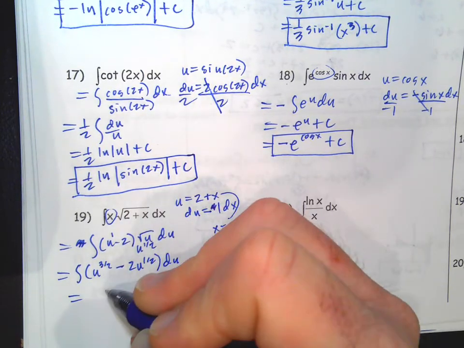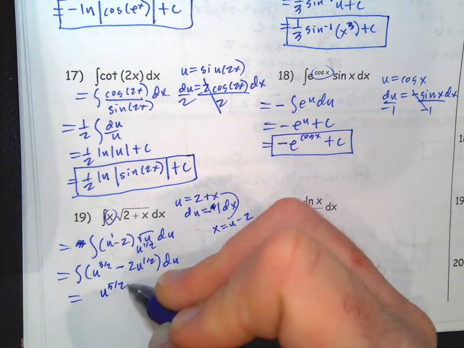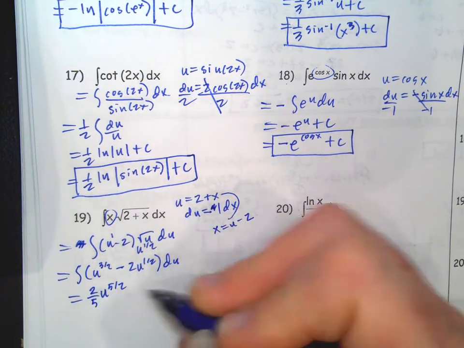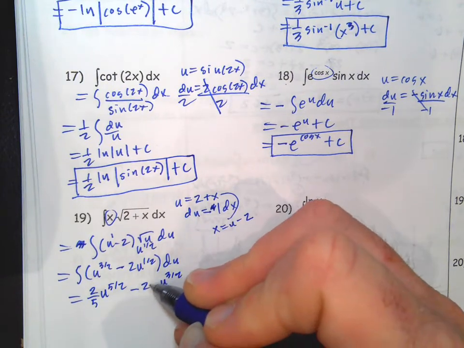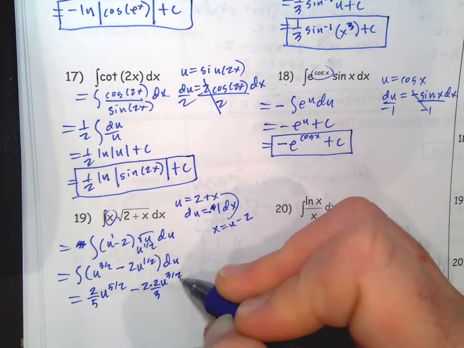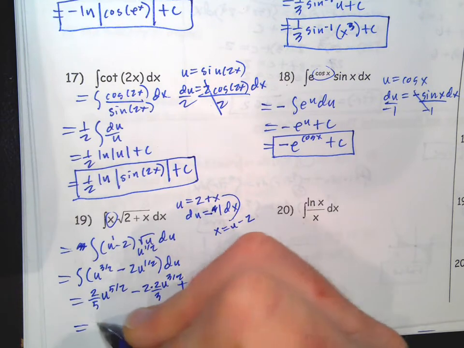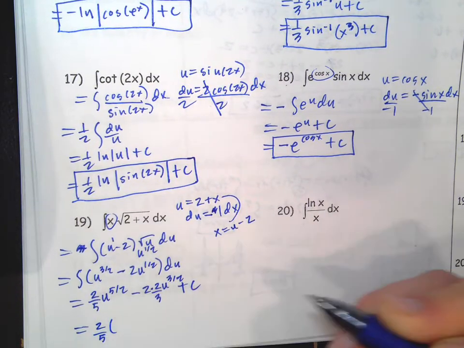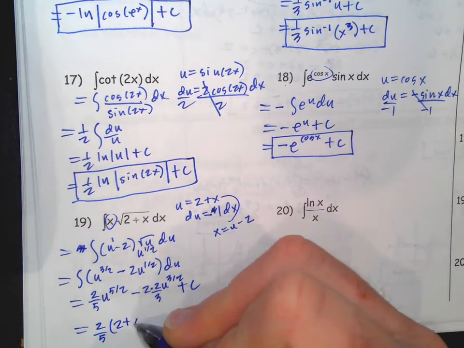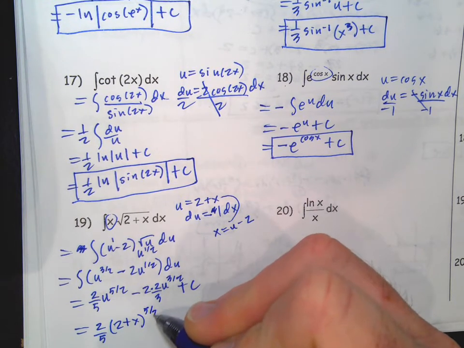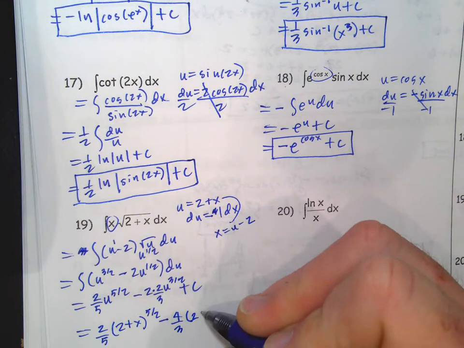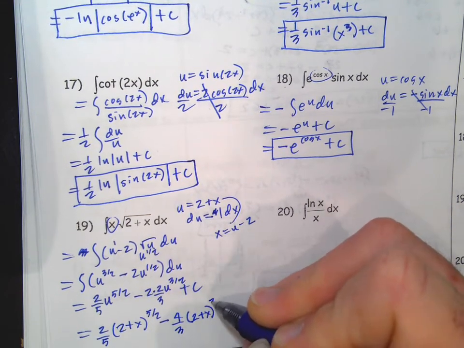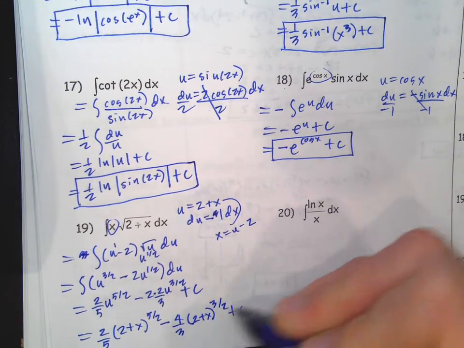So now we're going to integrate: u to the 5/2, multiply by the reciprocal; u to the 3/2, multiply by the reciprocal, plus c. We write it back in terms of its original variables, 2 plus x, in for all the u's. And don't forget the plus c.